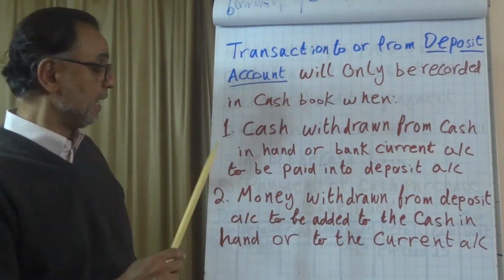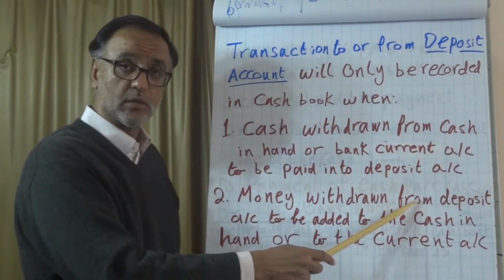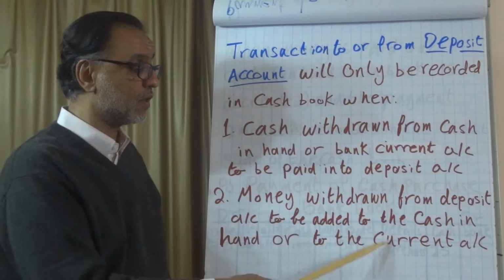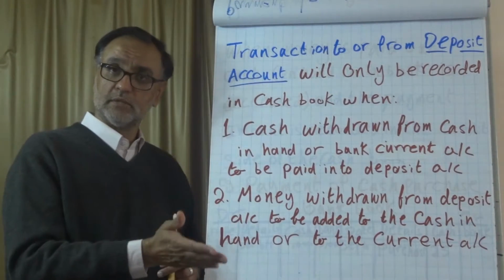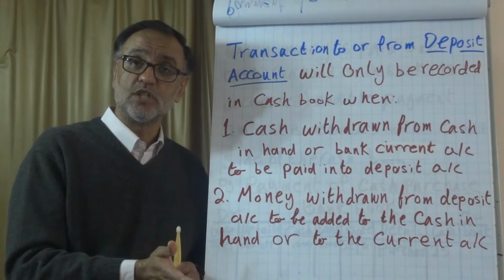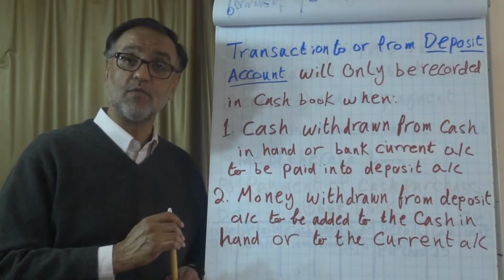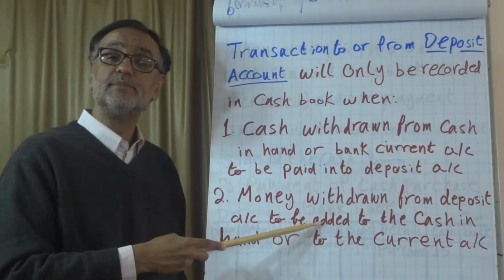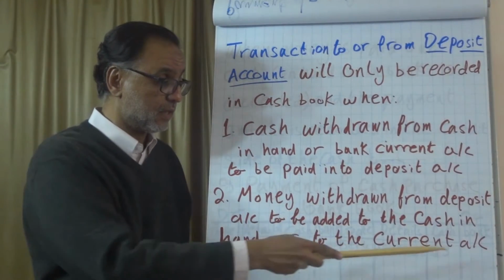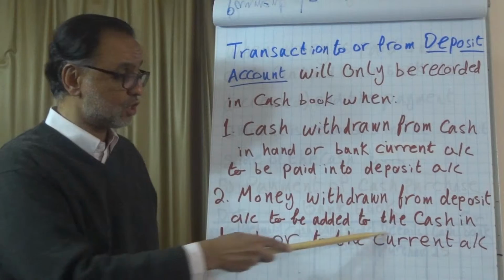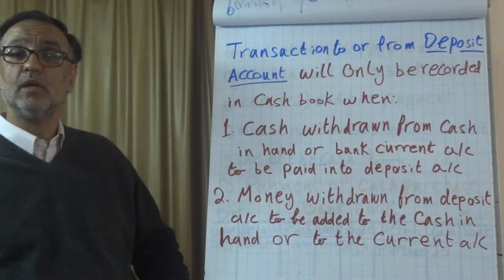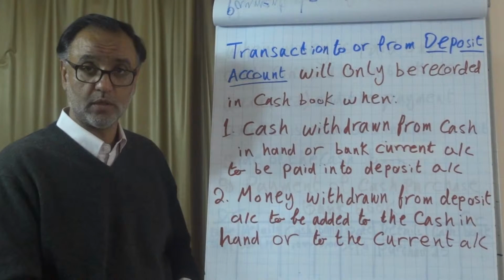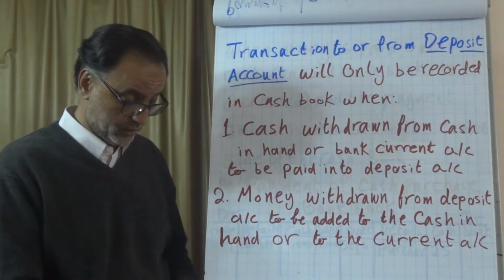The other case is money withdrawn from the deposit account to be added to the cash in hand or the current account. If the business is in need of cash and wants to restore some of their savings from the bank deposit, they will take the money and add it to the bank current account or to cash in hand. So if we withdraw money from or deposit money into the deposit account, it will be recorded in cash.